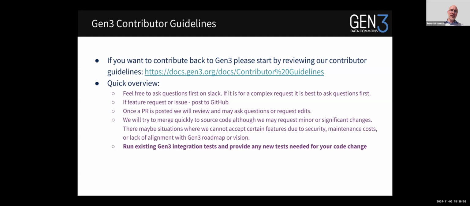They've changed the process for reviews, et cetera. But one of the things that was hard for external contributors when making pull requests was to adequately test their code with all the tests that are currently run, so that pull requests don't break any of the existing Gen3 commons.